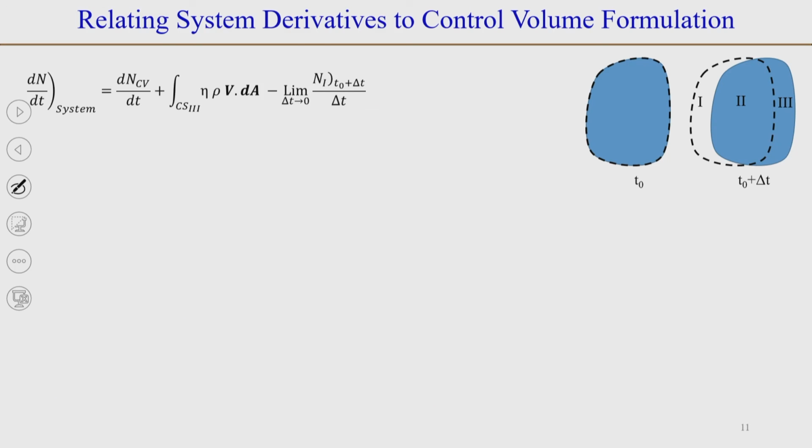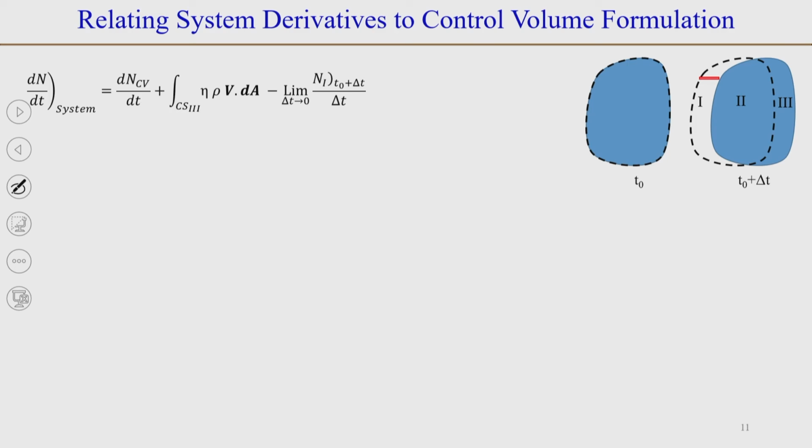Now, similarly, we do the same analysis for region 1. For region 1, the only difference is that in this case the fluid is going to come inside the control volume.